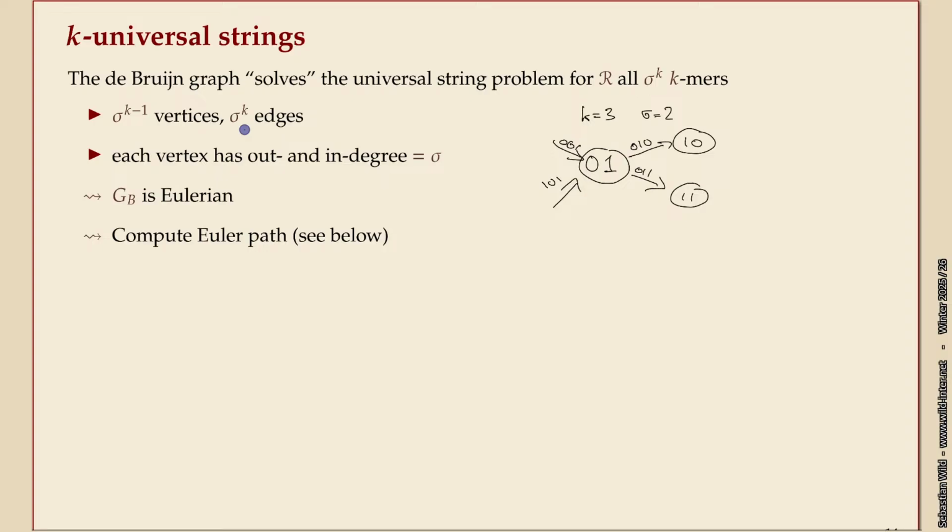So the total length of this is going to be exactly sigma to the k characters plus k-1. And that matches our lower bounds. If you insert sigma 2 and k equals 2, then we're back to 5. That's the example we've seen before, and 10 for k equals 3, right?